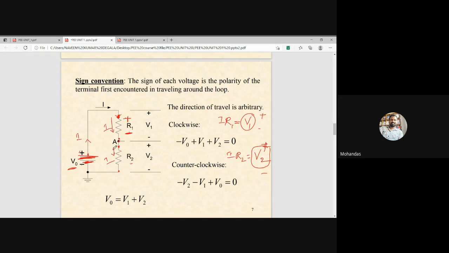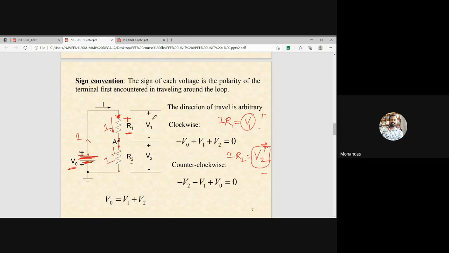For the battery, they will give polarities plus and minus. For R1 and R2, there is a voltage drop as V1 and V2 because the same current is flowing through the resistors. According to Ohm's law, V1 equals I into R1, and I into R2 is V2.